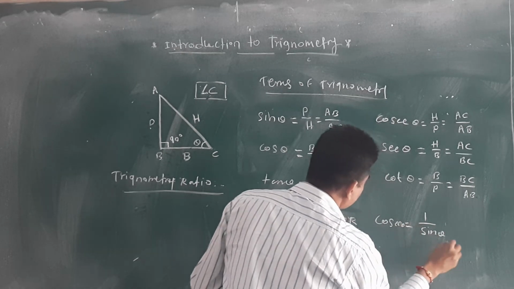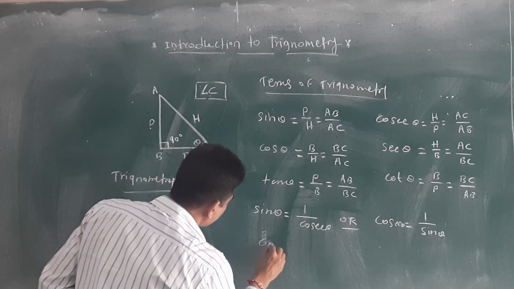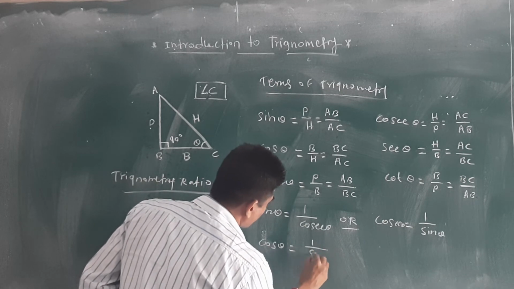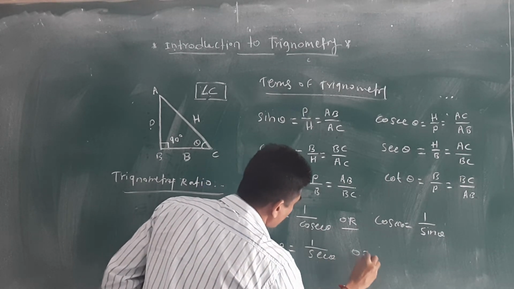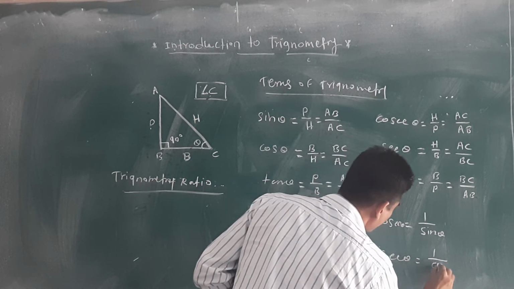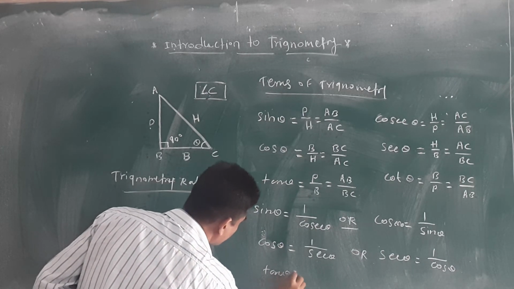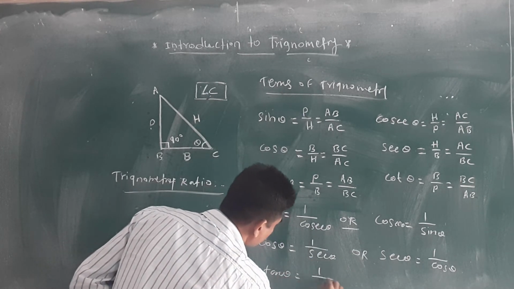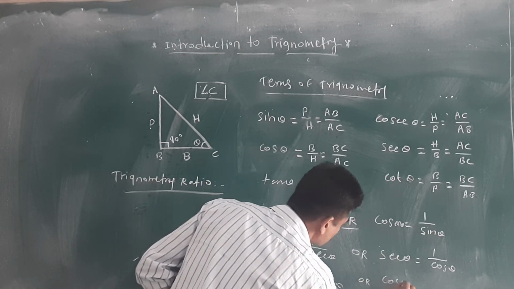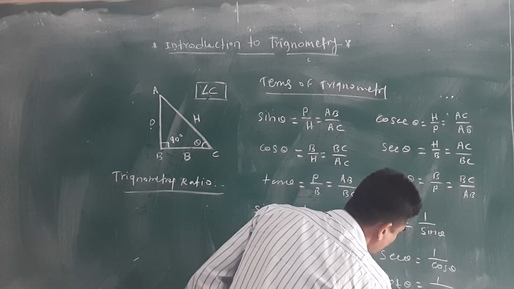Similar way for the cos theta, remember that cos theta is equal to 1 divided by sec theta, or sec theta is equal to 1 divided by cos theta. And last, tan theta is equal to 1 divided by cot theta, or cot theta is equal to 1 divided by tan theta.